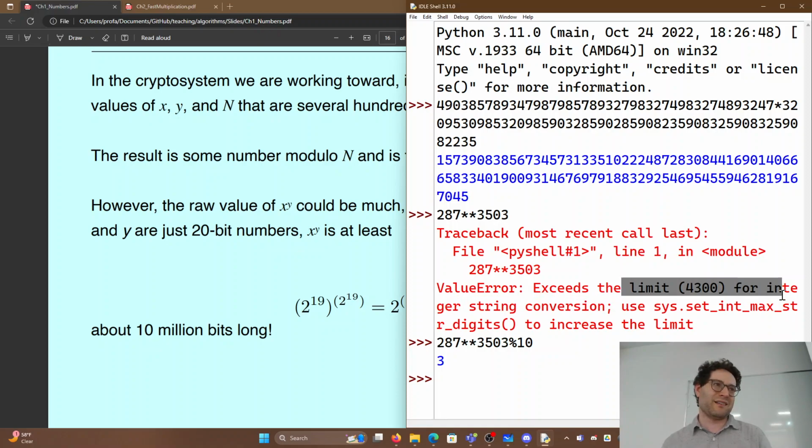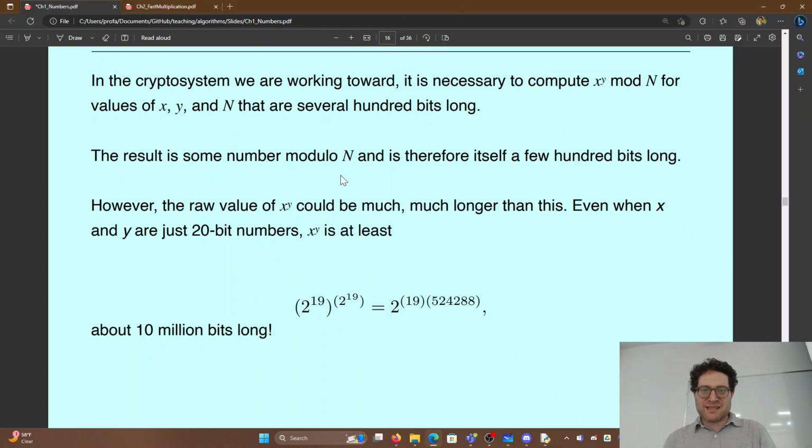But as soon as I asked, it did all of this massive computation just to spit out something that's only a few bits long. Literally a couple of bits. It's 1, 1. So the issue is that x to the yth power can be really big when the answer we need in mod n can be comparatively small. Make sense?